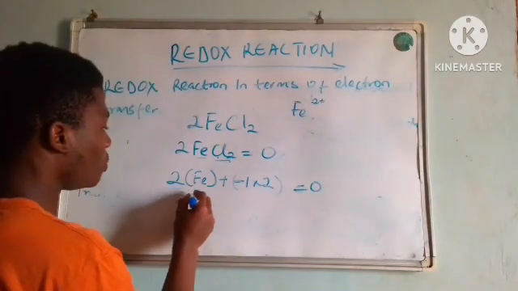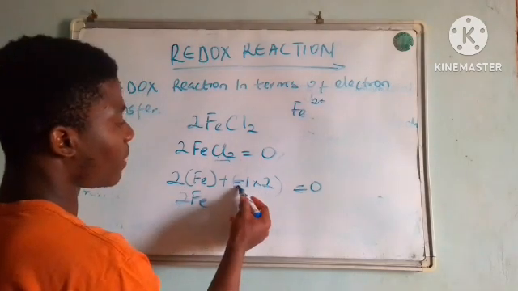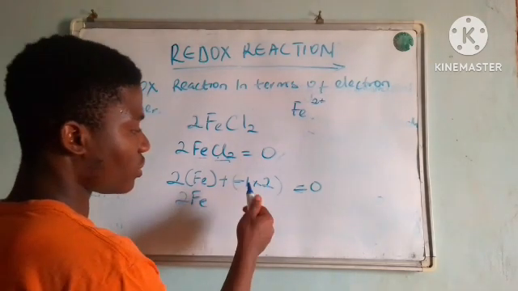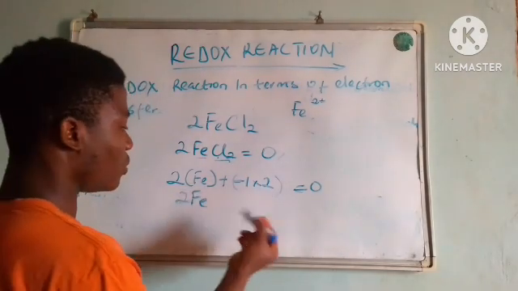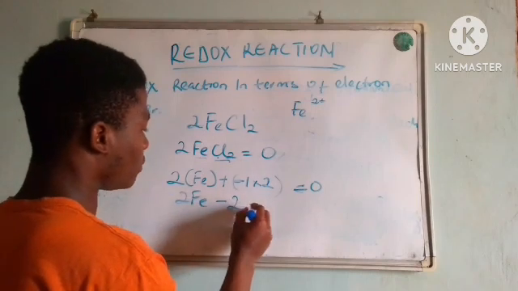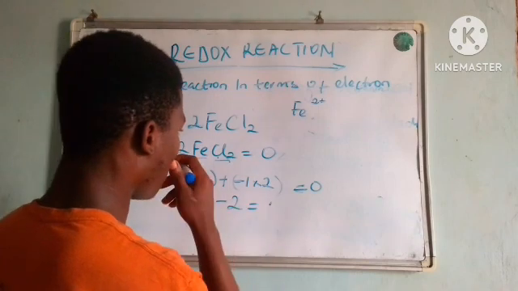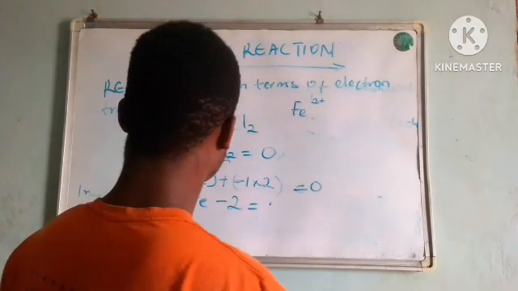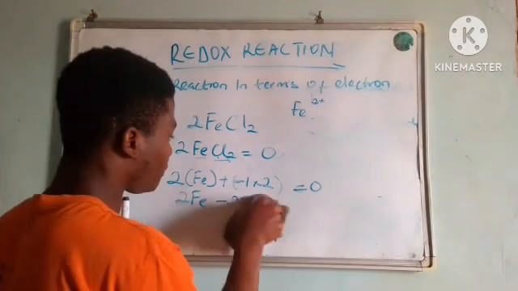So here we have 2Fe. 1 times -1 times 2 will give us -2, and plus times minus will give us minus. So we're having -2. Sorry.